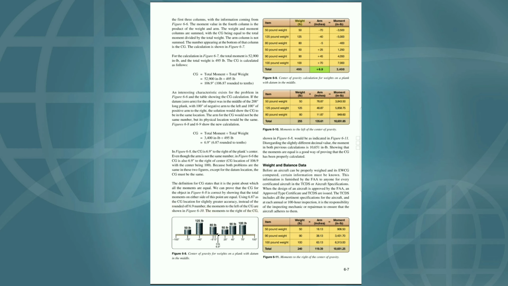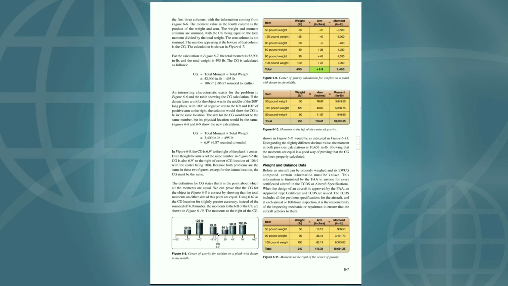Item. Weight in pounds times arm in inches equals moment in in-pounds. 50 pound weight 50, 125 pound weight 125, 80 pound weight 80, 50 pound weight 50, 90 pound weight 90, 100 pound weight 100. Total 495.